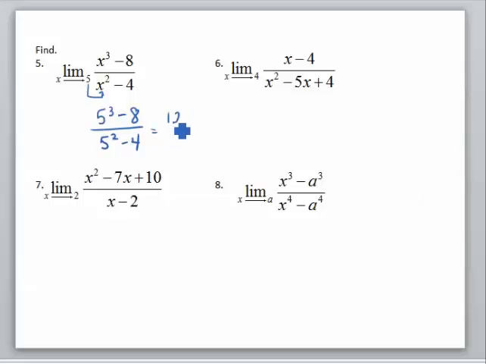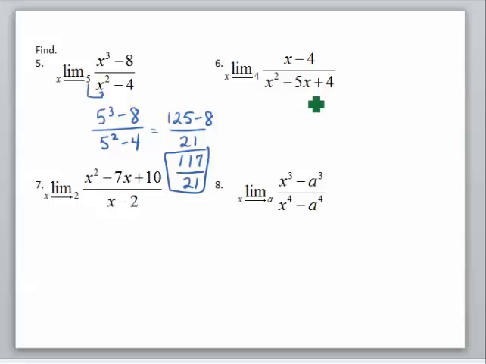And I end up getting 125 minus 8 over 21. And then I could say the answer is 117 over 21. So direct substitution worked on that one.